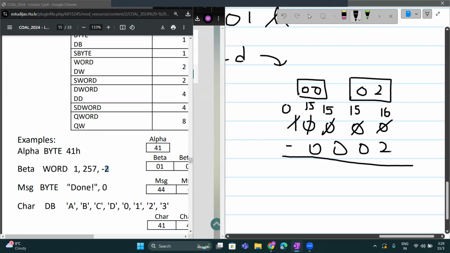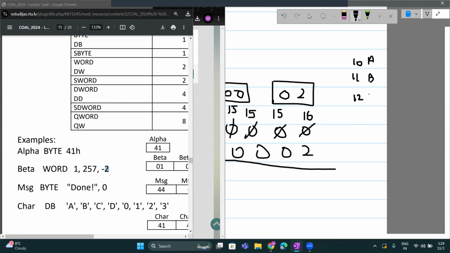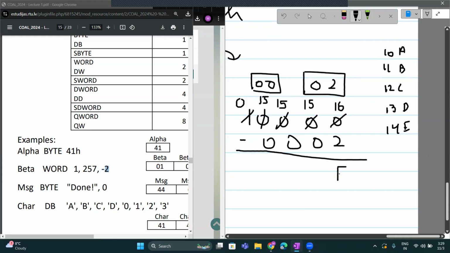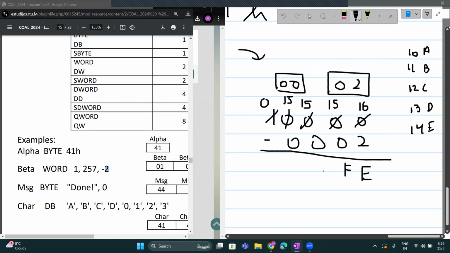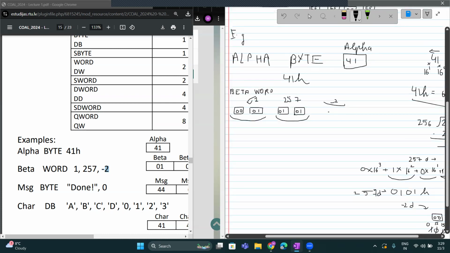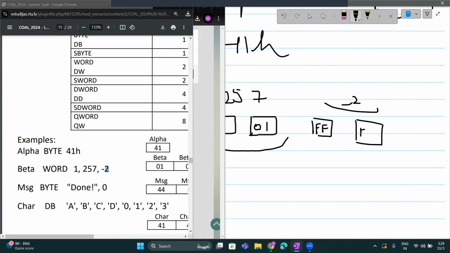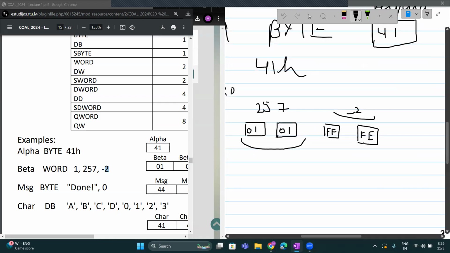So 16 minus 2 is 14, and 14 in terms of hexadecimal is, so 10 is A, 11 is B, 12 is C, 13 is D, 14 is E. So that's why we write E here, and 15 is F, so F, F, F, F. And when we represent this, it will be FFFE. This is minus 2.